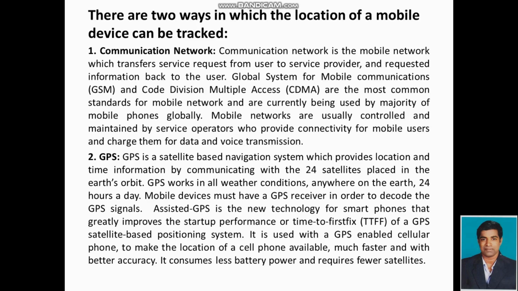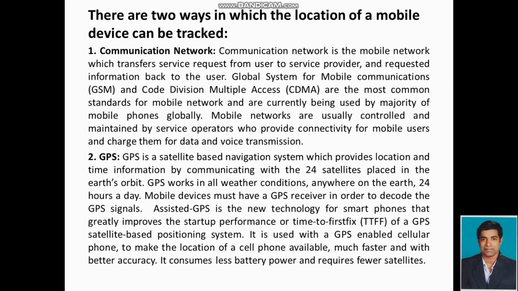There are two ways in which the location of the mobile device can be tracked. The first is the communication network. The communication network is the mobile network which transfers the service request from user to service provider and requested information back to the user.